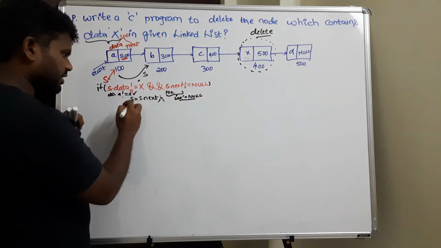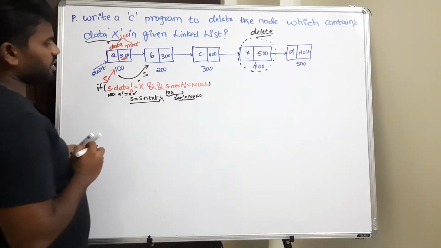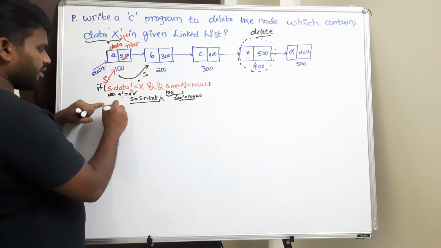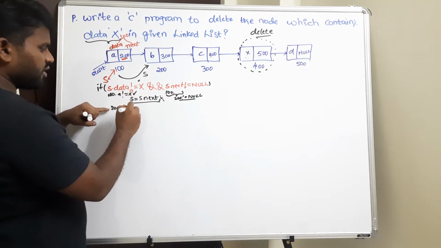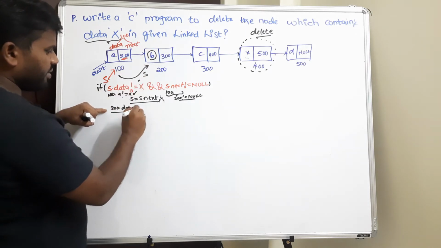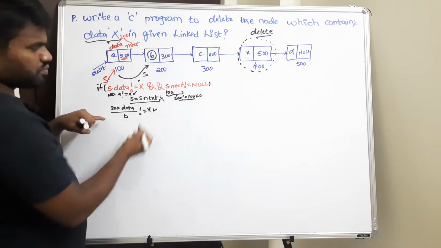So these two are true, that's why we move to the next node. Again we check: s is 200, 200 dot data gives b, not equal to x, true.